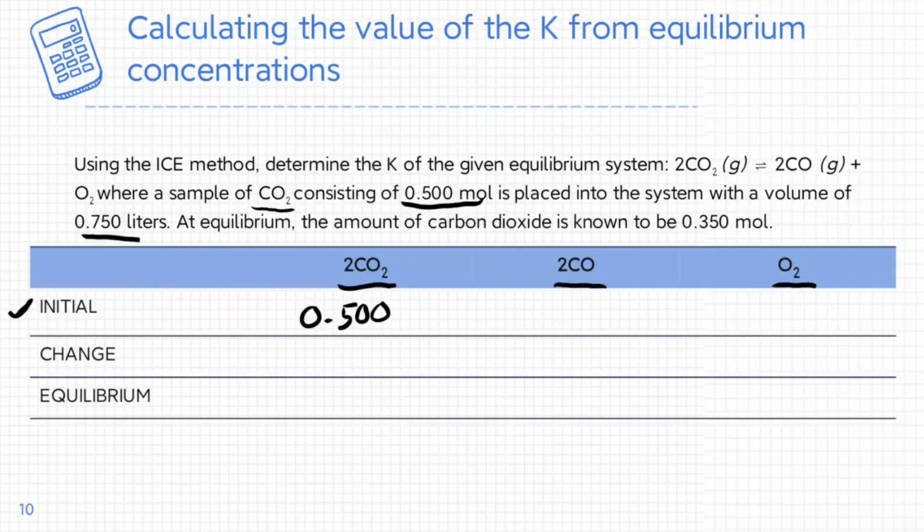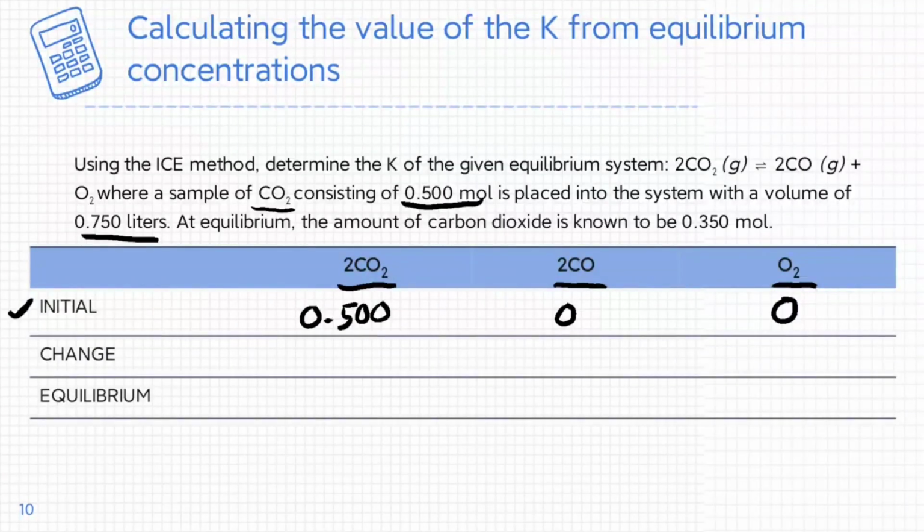This will be utilized later. Take note lang yan. So, in initial, we only have carbon dioxide concentration. So, if that particular compound lang yung present sa problem, automatically, zero na yung other compounds. Okay? So, wala na silang laman initially.